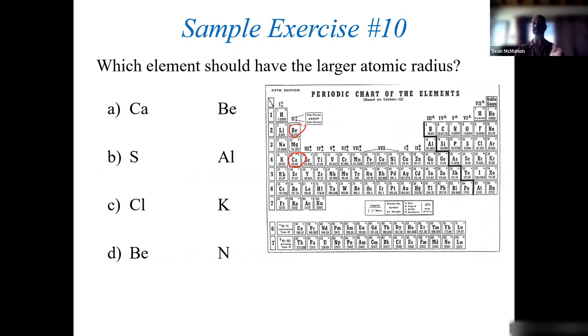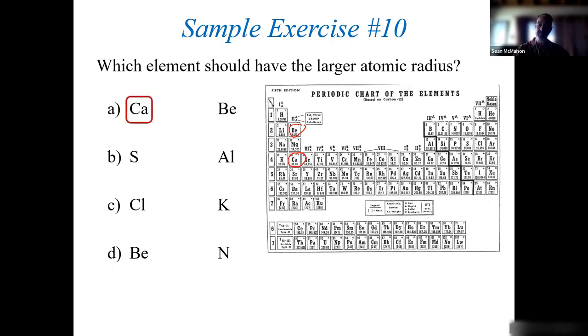So they have the same number of valence electrons, 2, right? So they're both the S2 sublevel. But really what I'm focusing on is they're the same distance left to right, but calcium is in the 4th energy level, where beryllium is only 2. So calcium has to have 2 additional shells. So which one's bigger?